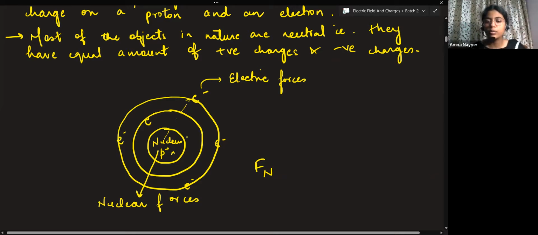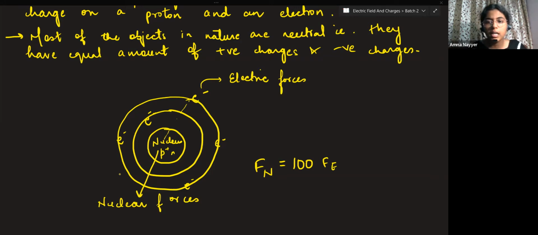This nuclear force is 100 times stronger than the electric force, all the electric forces exhibited by electrons. These parts have been covered briefly in your 11th standard first chapter, introduction.